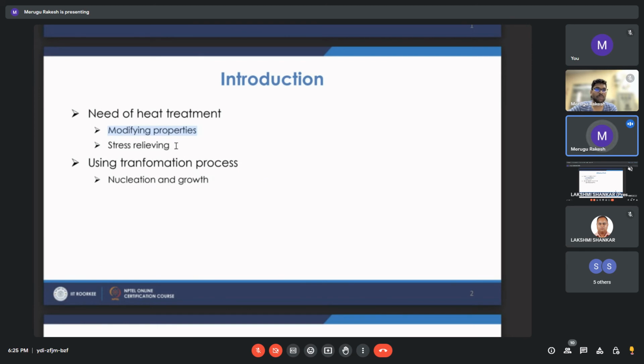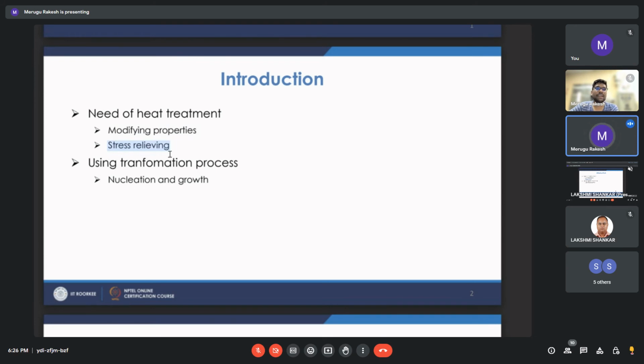Then there is the other major thing, stress relieving. While cooling after casting, many residual stresses can develop inside the castings. So stress relieving and modifying properties are the two important goals of heat treatment.